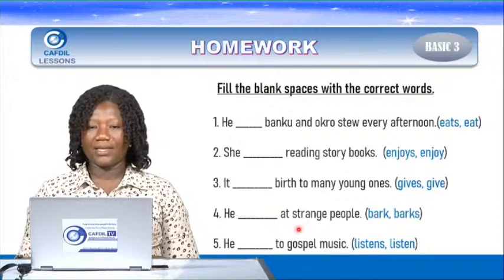He dash to gospel music. We have lessons and lesson. Please pay attention to the he, the she, the it, the he, so that you choose the right options.